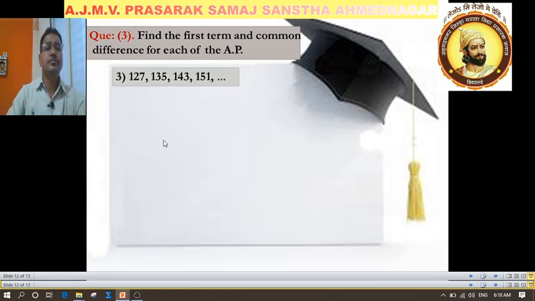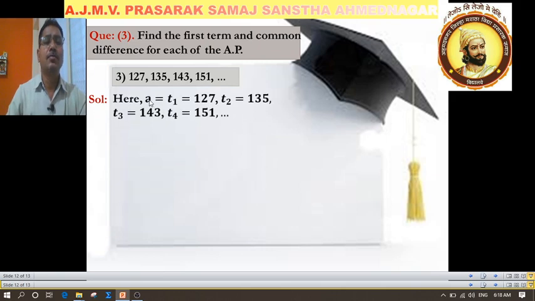Now the third example: the arithmetic progression is 127, 135, 143, 151 and so on. Solution: here also the first term a is equal to t1 is equal to 127, t2 is equal to 135, t3 is equal to 143, t4 is equal to 151. Now common difference d is equal to t2 minus t1, 135 minus 127, which is equal to 8.